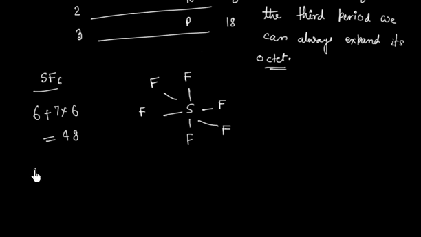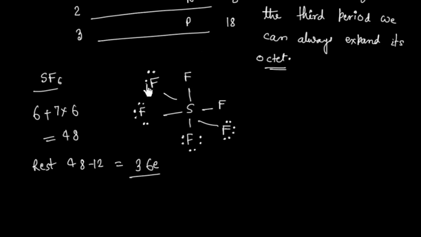So 48 minus 12, we have rest 36 electrons. We have 6 fluorine atoms, we can divide equally 6 electrons on each. So this is the Lewis dot structure of SF6.